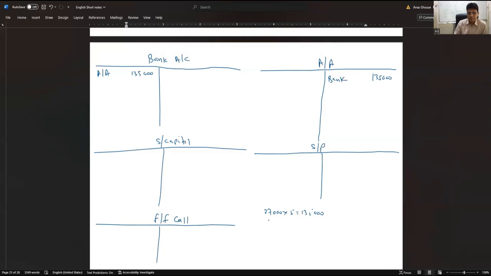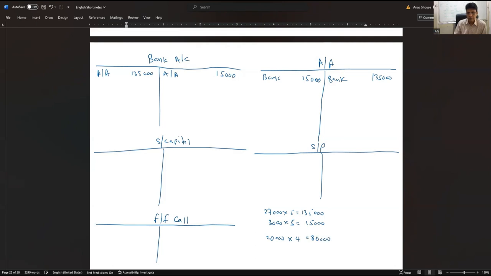Then rejection of 3,000 share applications at the rate of 5, which is 15,000. So the bank account will be credited when refunding the money, and application and allotment account will be debited with 15,000. Now allotment money receiving 20,000 times 4, 80,000.